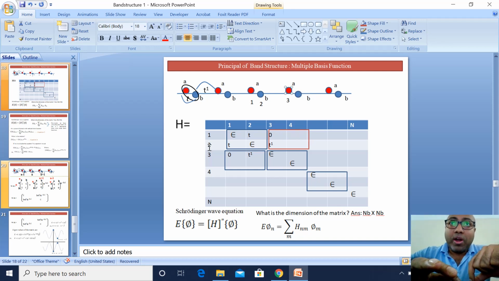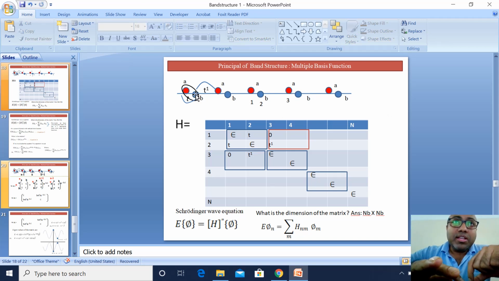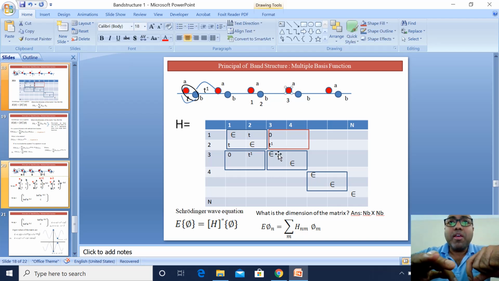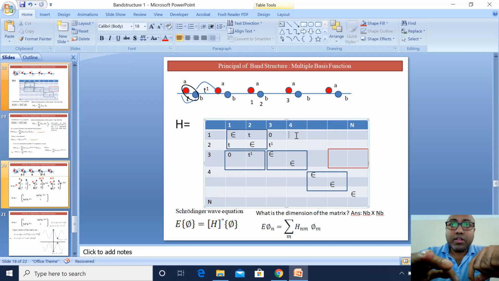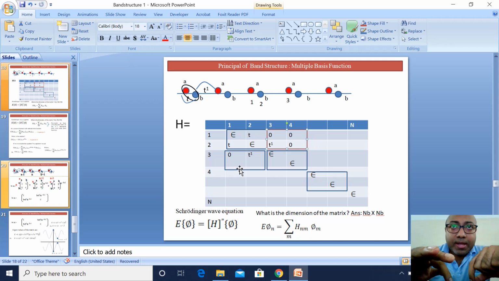But what is H23? From here to here, we have marked it as a T1. So H2, this one, 2, 3, I have marked as T1.